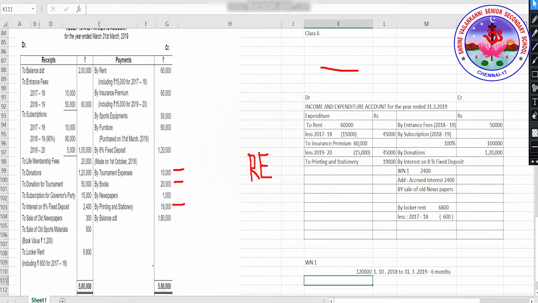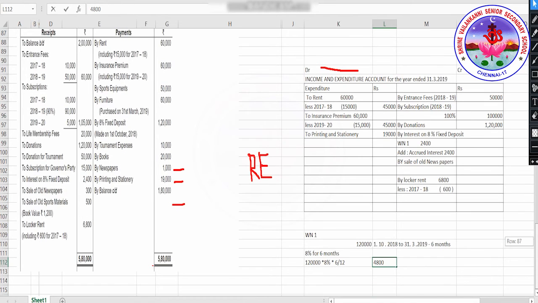The percentage is 8%. How are we going to calculate this? 1,20,000 into 8% into 6 divided by 12, which comes to 4,800. Now 4,800 is for 6 months.